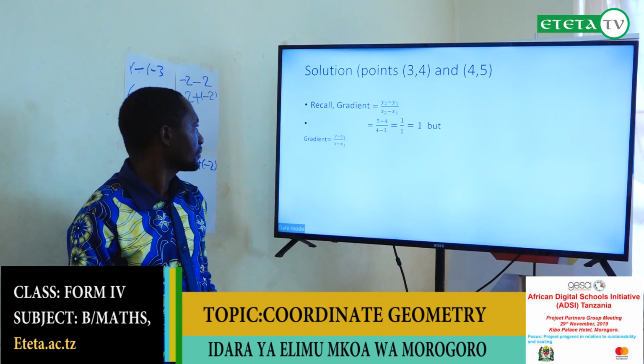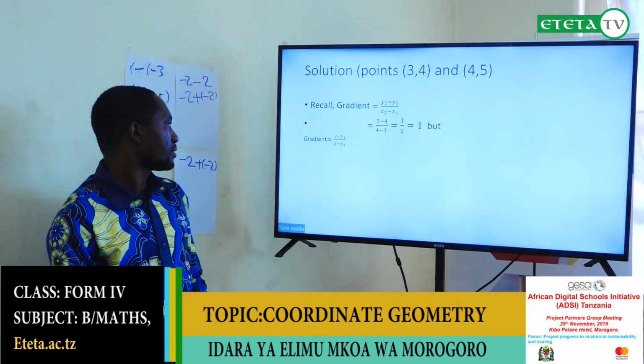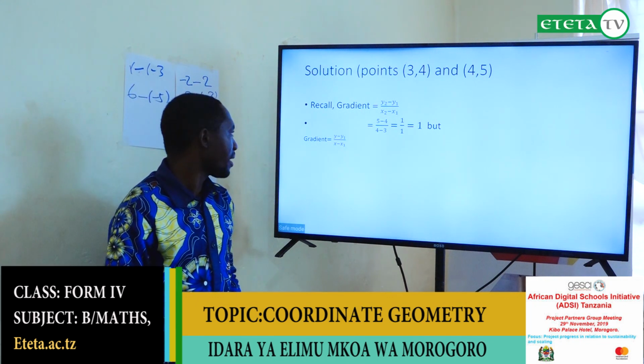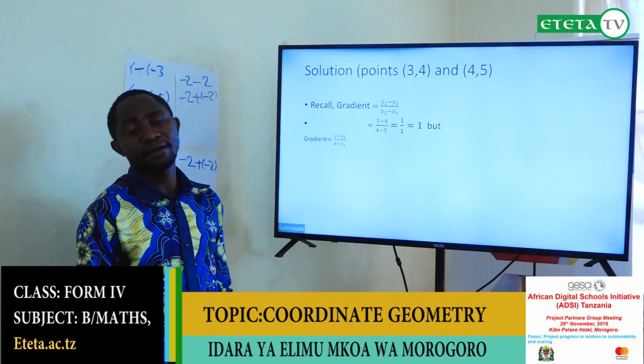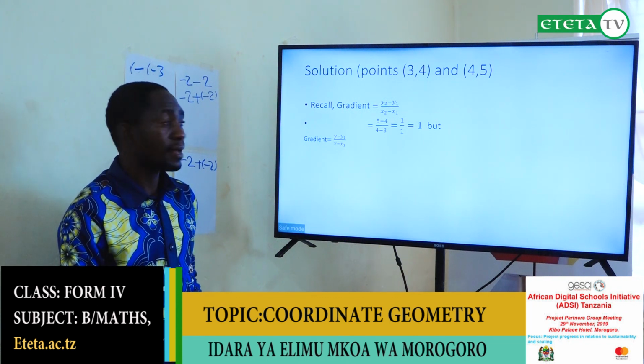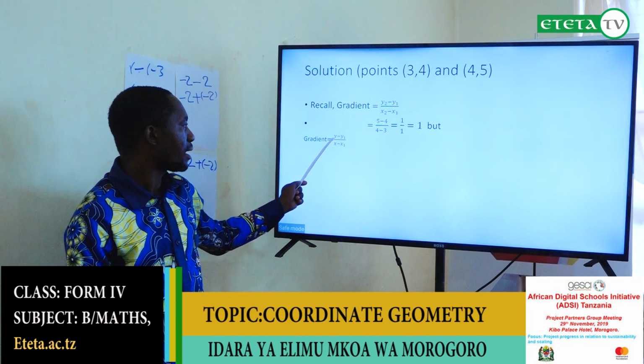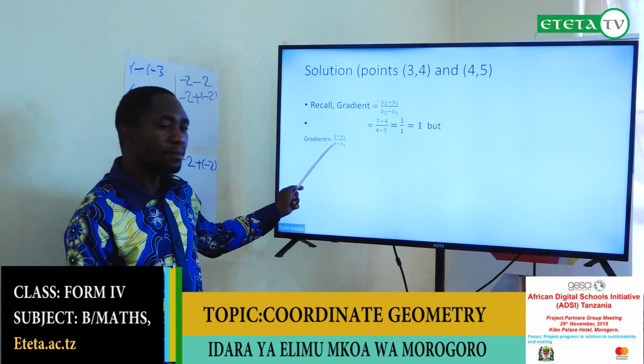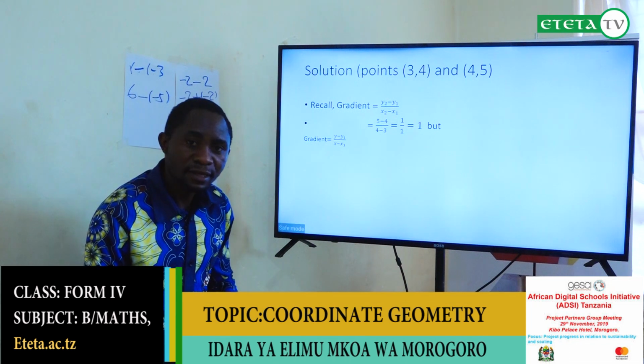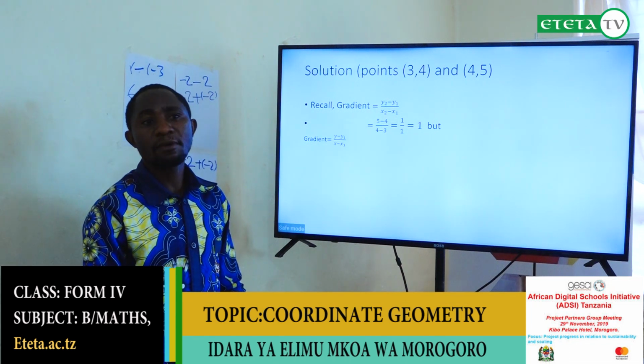Now, gradient as usual is equal to y minus y1 divided by x minus x1, where this unlabeled y and unlabeled x are the values of the variable point.